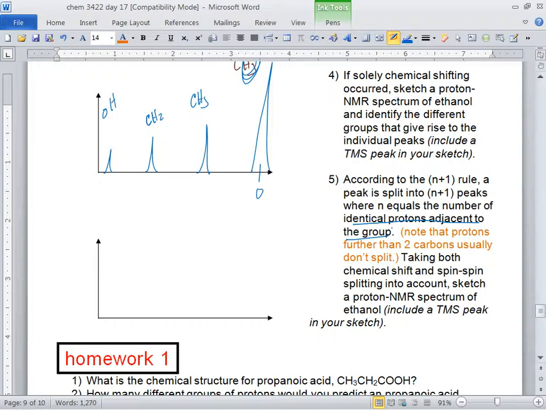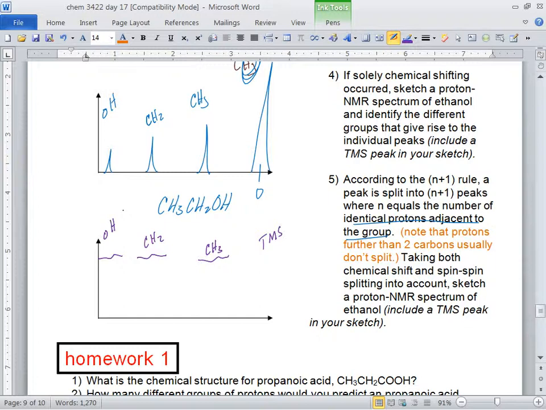Include a TMS peak. So we should have a TMS peak. We can draw, our methyl stuff will still be here. Our CH2 stuff will still be here. Our OH stuff will still be here.